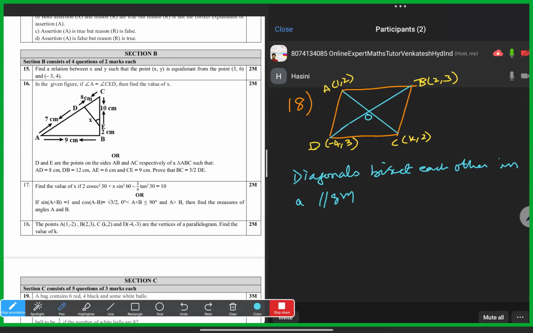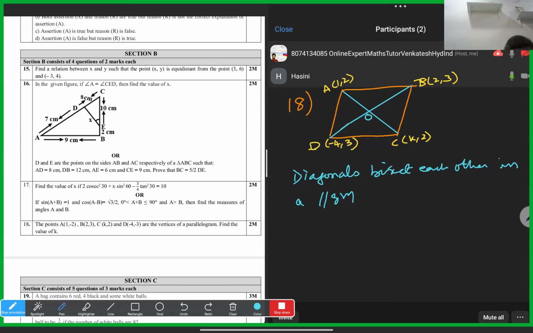So this is common for a rectangle, square, and rhombus also. If they change the name of the parallelogram to rectangle, square, or rhombus and ask to find K, we should do the same process.